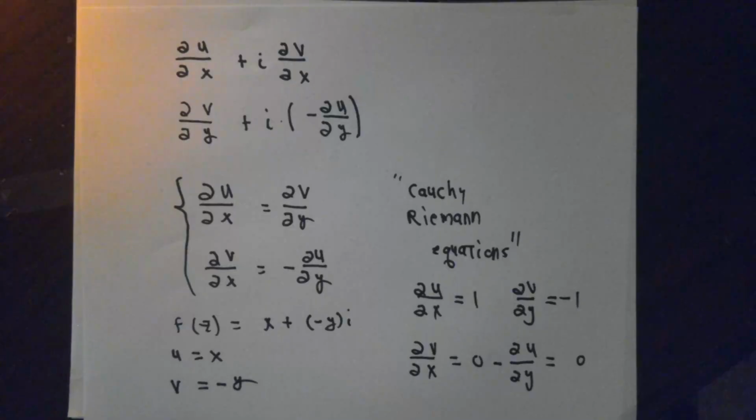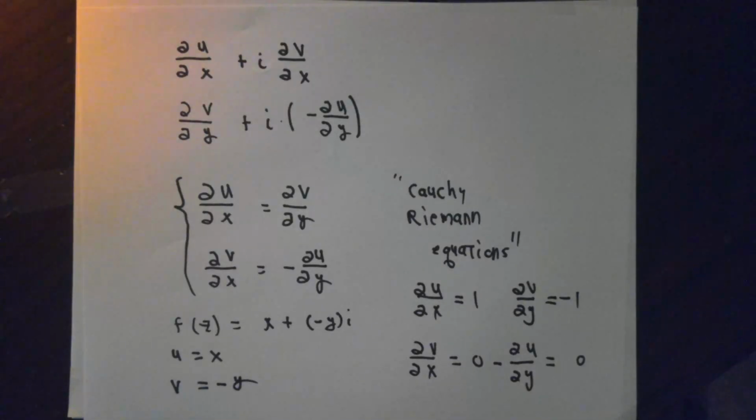differentiable function. Let's be careful about the statement here. If the function is differentiable, then the Cauchy-Riemann equations must both be true. If it's untrue that those two Cauchy-Riemann equations are both true, then it's untrue that the function is differentiable.